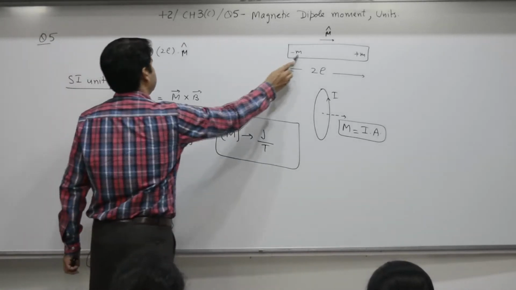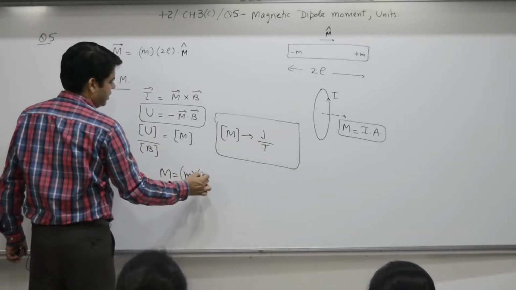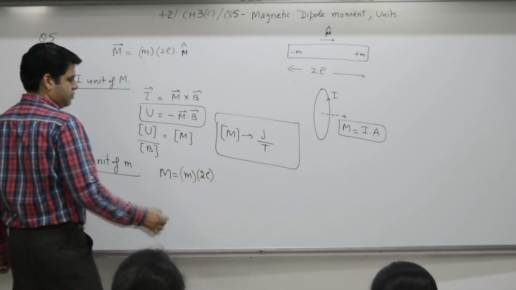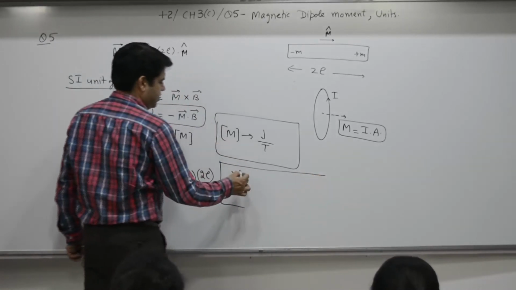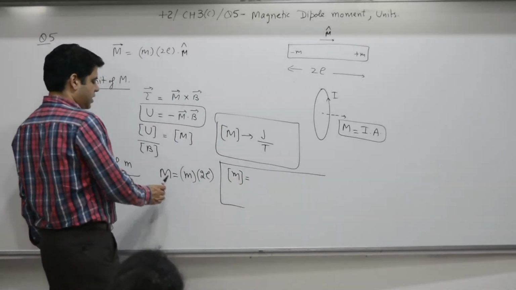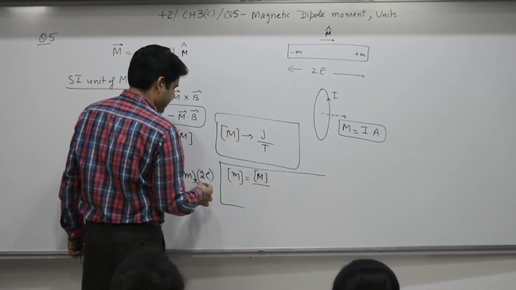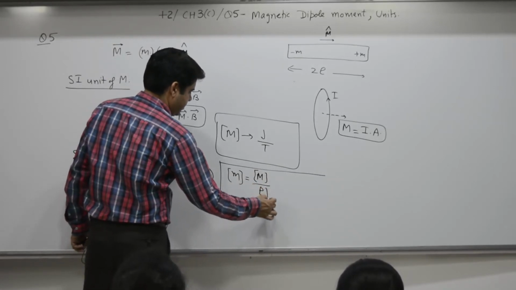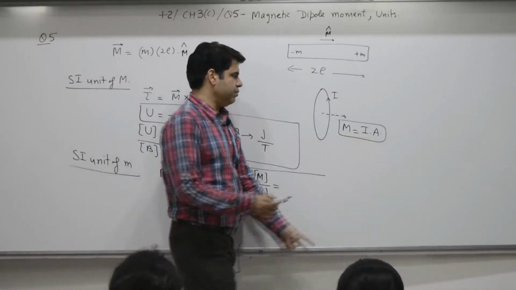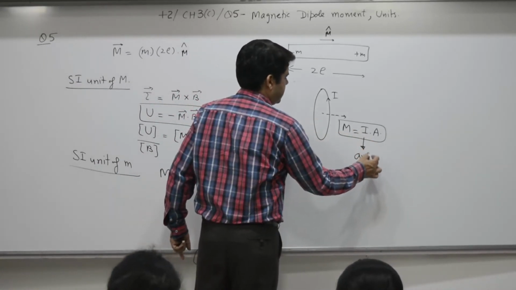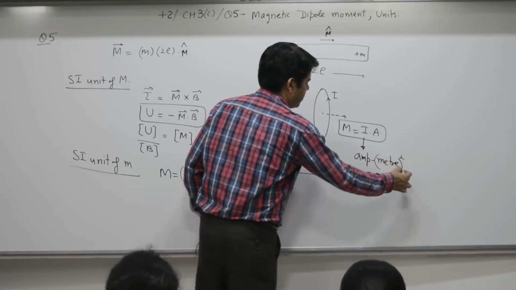This is one. SI unit, objective question, of pole strength, small m. From this, capital M is equal to small m into length. Small m is equal to capital M divided by length. Capital M is ampere into meter square. I will suggest that you write complete meter.